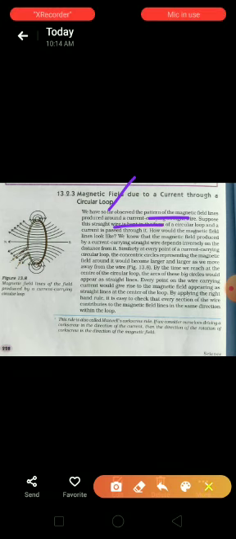Students, we have observed the pattern of magnetic field lines produced around a current carrying straight wire. Suppose this straight wire is bent to form a circular loop and current is passing through it. How would the magnetic field look?